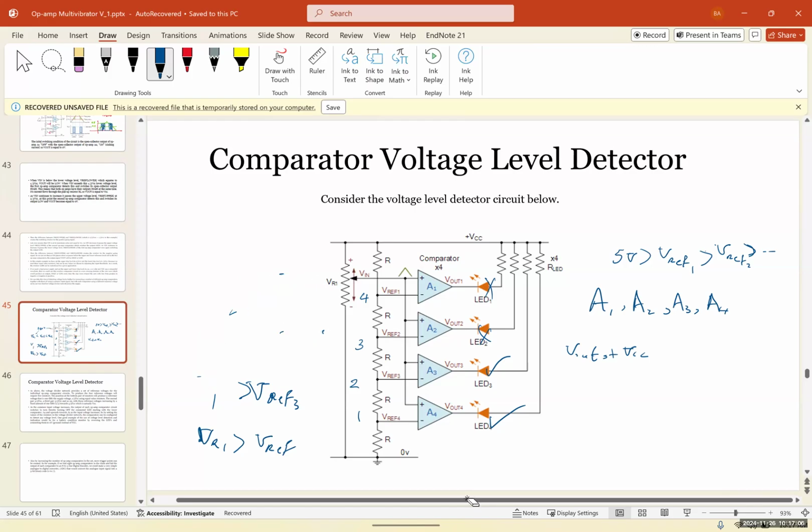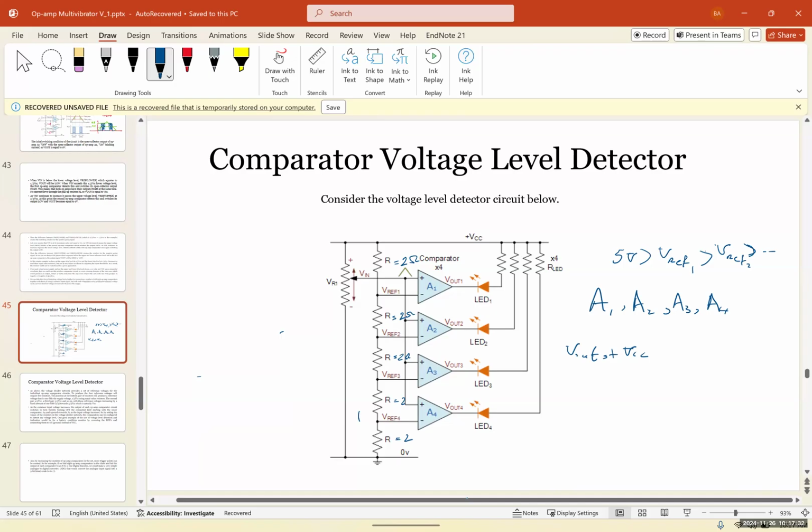Let's solve a quick practice problem. I think we have a lot of time. Imagine all of these R's are 2 ohms, 2 ohms, 2 ohms, 2 ohms, 2, and 2.